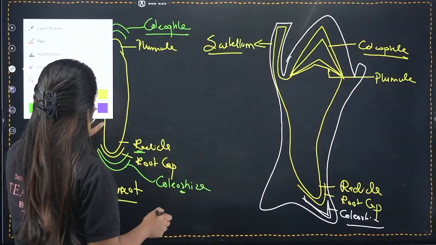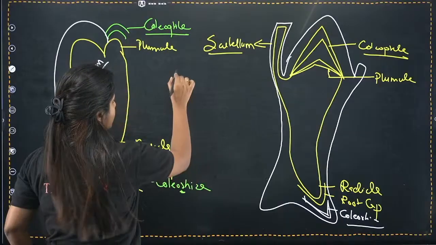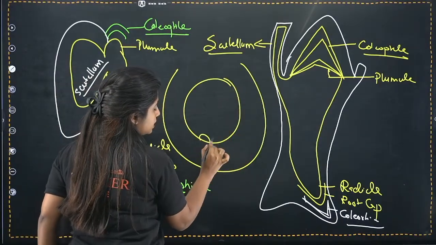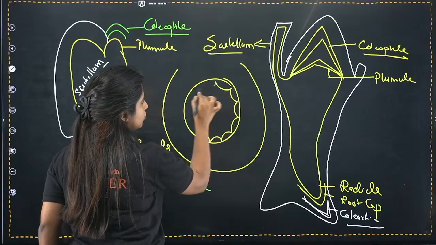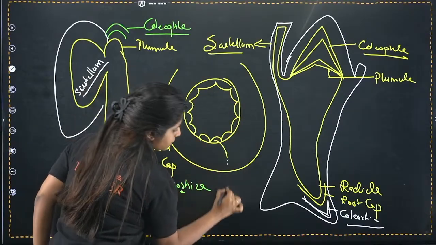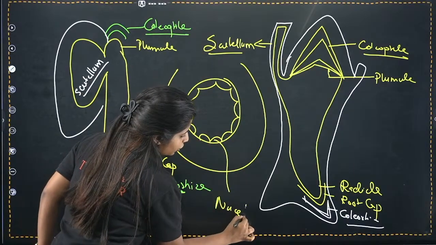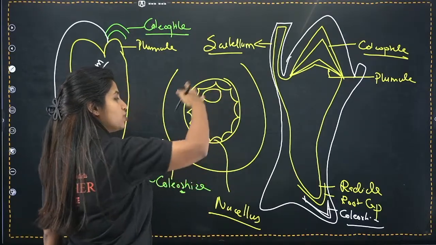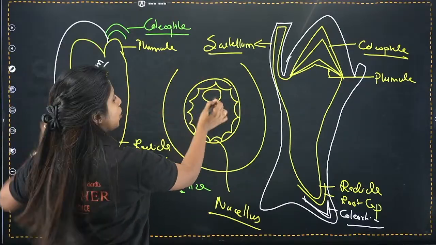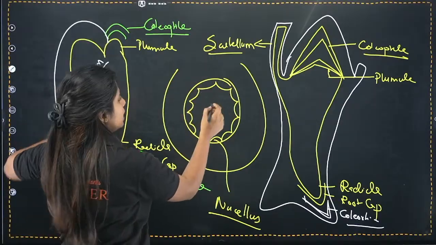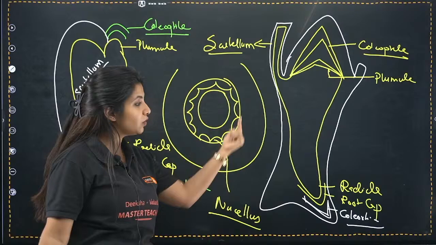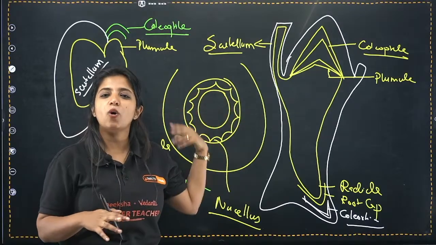Listen to me carefully. When I say there is ovary and there is ovule, there are certain cells in the ovule. These cells are known as cells of nucellus. One cell among them gave rise to and formed the embryo sac, and now you have an embryo. Usually the cells of the nucellus are used up while all this process happens.